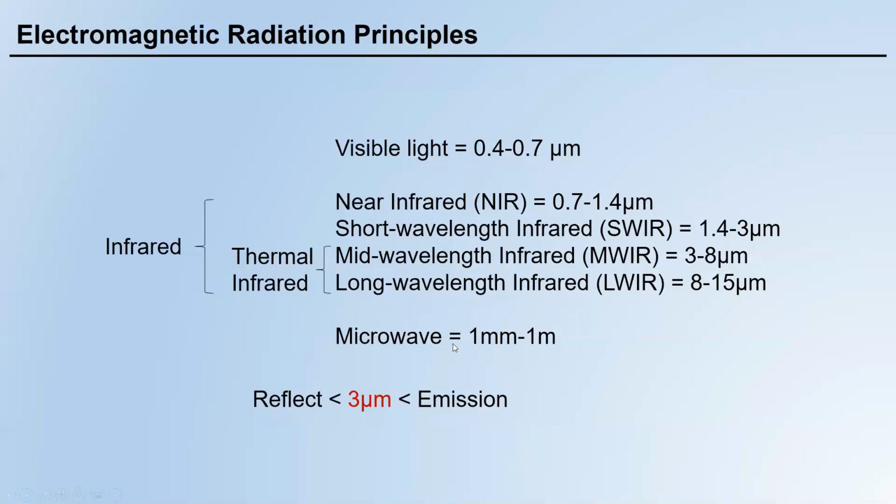But we do not have so much concern about that part, because in remote sensing, especially in passive remote sensing, we care about visible light and infrared. And active remote sensing, which is not the main focus of this class, is using microwave as energy. Okay, let's continue.